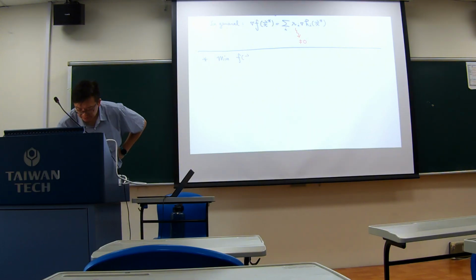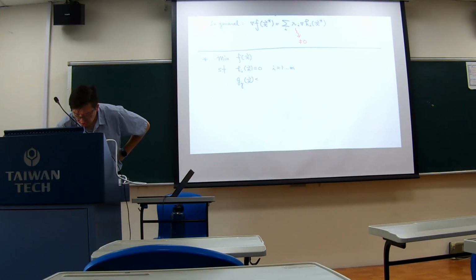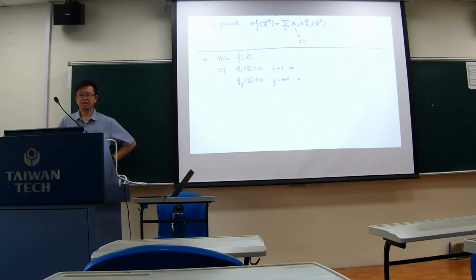Minimizing f of x subject to hi of x equals 0, where i goes from 1 to n, and gj of x smaller than 0, where j goes from n plus 1 to m. Okay?